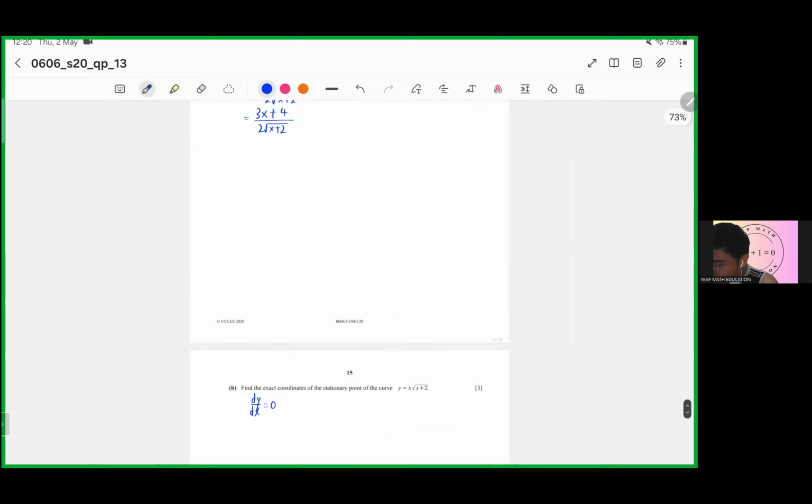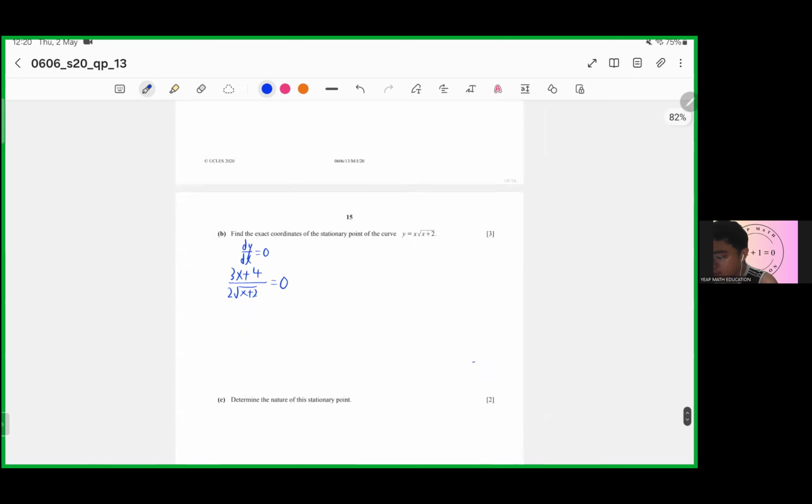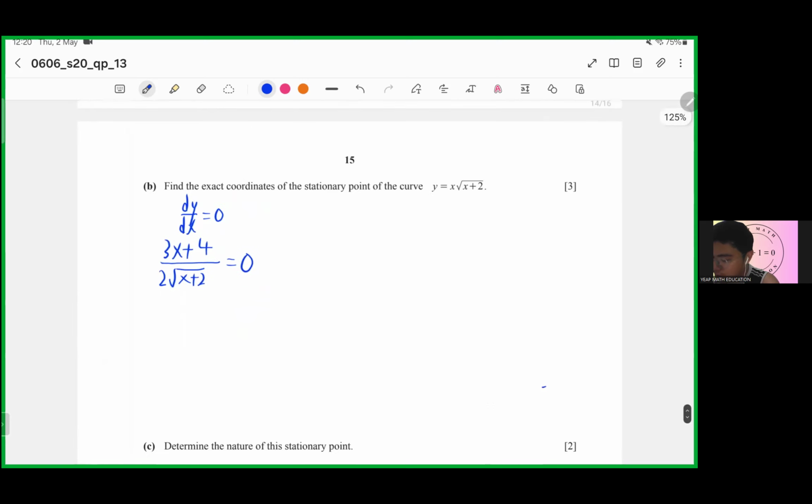And then we copy back: 3x plus 4 over 2 square root of x plus 2 equals 0. Now we know this part can equal 0, so we take x equals negative 4 over 3.